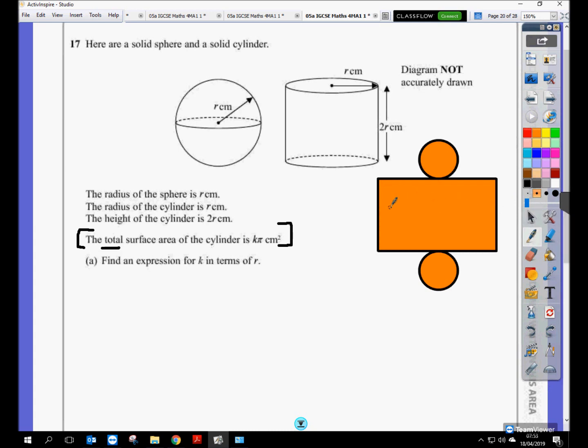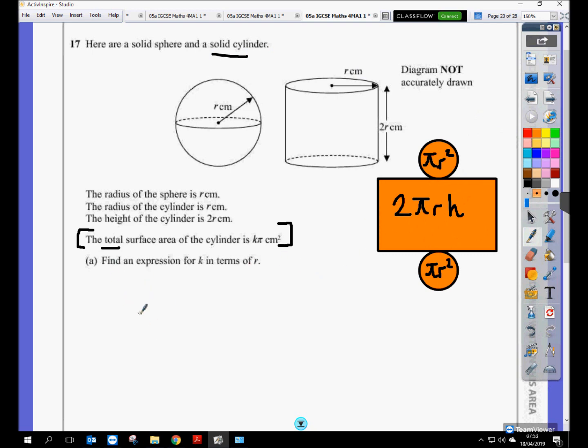On the formula sheet, they give you the formula for the curved surface area of a cylinder, which is 2 pi r h, and the area of a circle is pi r squared. So there's a circle at either end. It is a solid cylinder, so we do include both circles and we include the curved surface area.